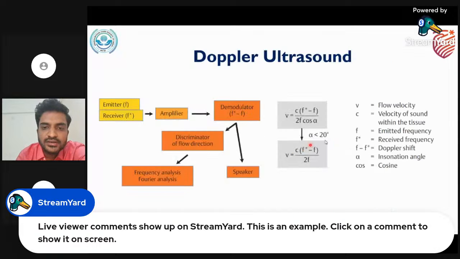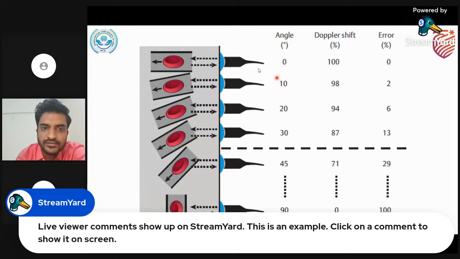In this equation, as you can see, the cosine of theta, or cosine of the angle, is the most important one, which helps you to estimate the velocity of the blood in the system. You can see the angle increases from 0, 10, 20, 30, 40, and 90.